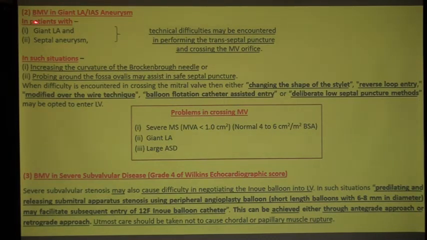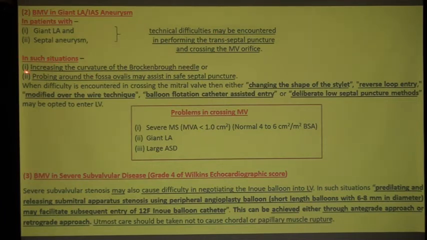So if there is giant left atria or aneurysm of the interatrial septum, then we find difficulty. In patients with giant LA and septal aneurysm, technical difficulties may be encountered in performing the transseptal puncture and crossing the mitral valve orifice. In such situations, what to do?